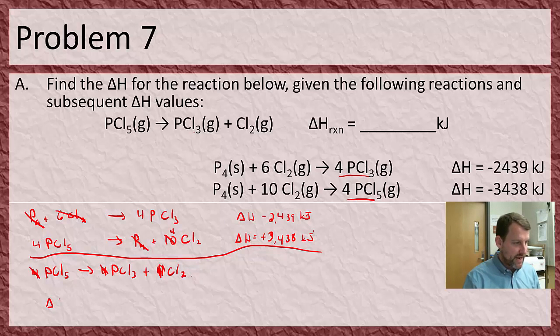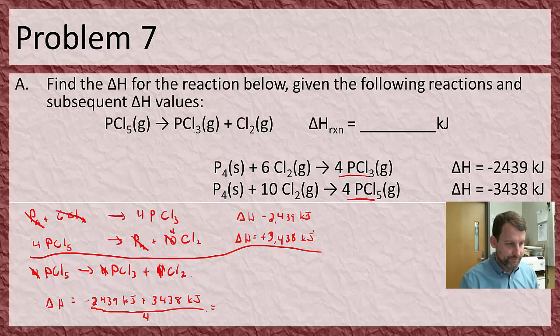So my delta H here becomes negative 2439 kilojoules plus 3438 kilojoules, right? And now that would be the enthalpy change if it was 4, 4, and 4. But I want 1, 1, and 1 for this problem. So I'm simply going to divide this number here by 4.